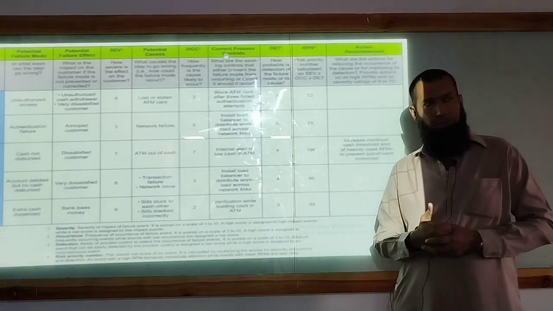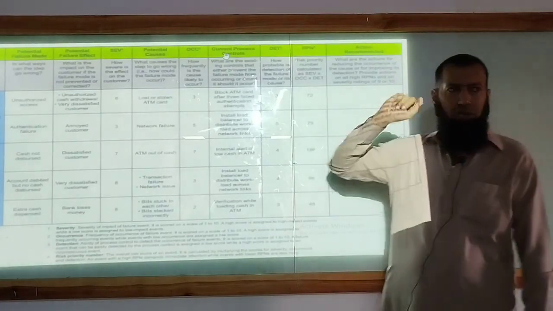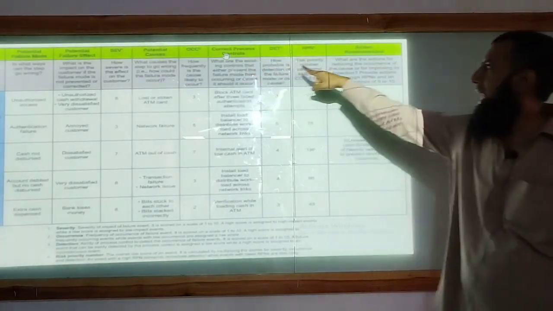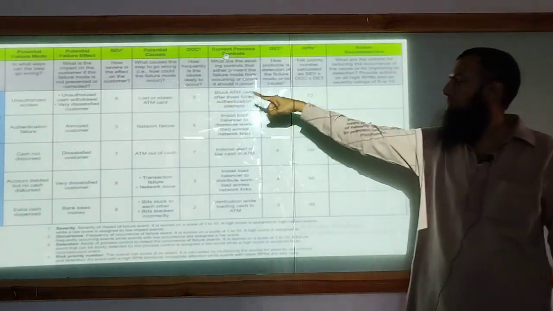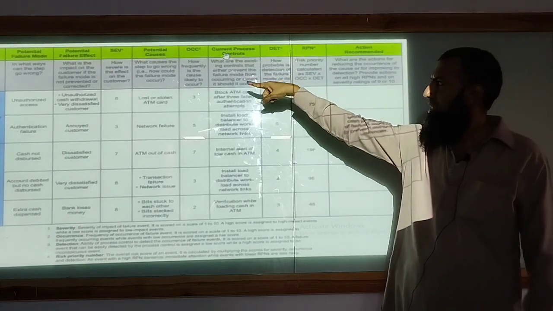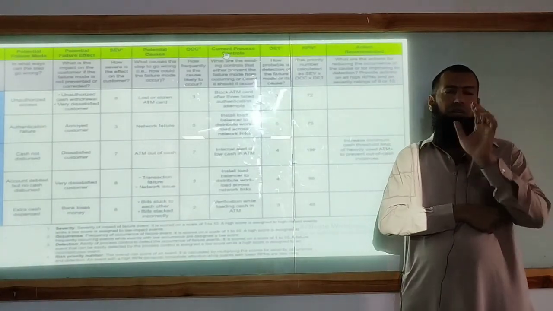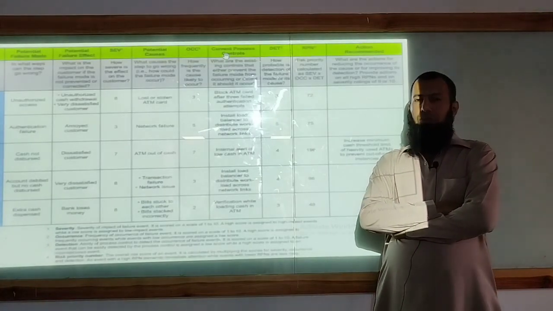This is the concept, and the same concept is used. The most important ones are the severity, the occurrence, and the detection. Note it down: the severity of the failure, the occurrence of the failure, the detection of the failure. These three things are very important.